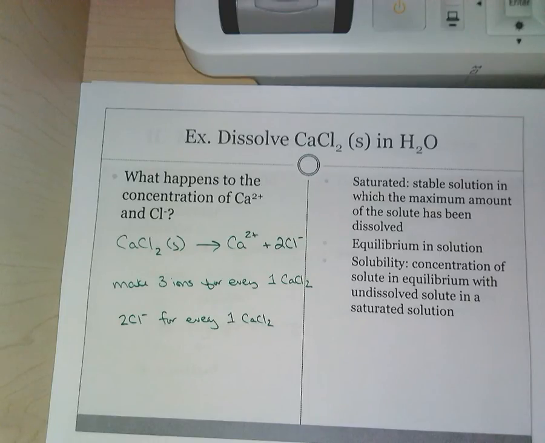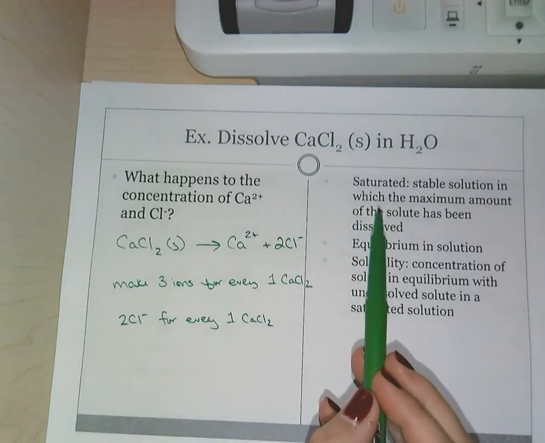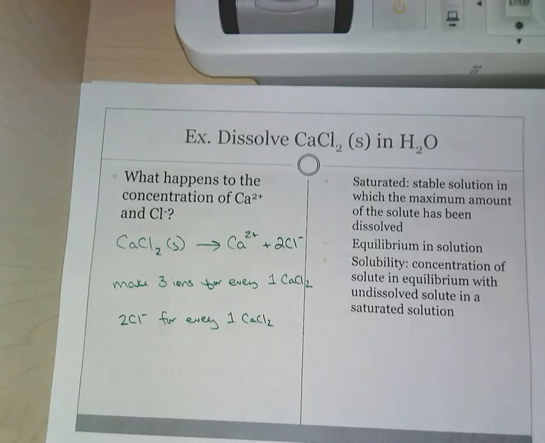As much as you stir, there's still going to be that kind of sludginess on the bottom. You've made your saturated solution, so there's a limit to how much solid will dissolve. And the solubility is going to be the measure of the solute in equilibrium with the undissolved solute. So the solubility is a measure of how much solid can dissolve in a solution.